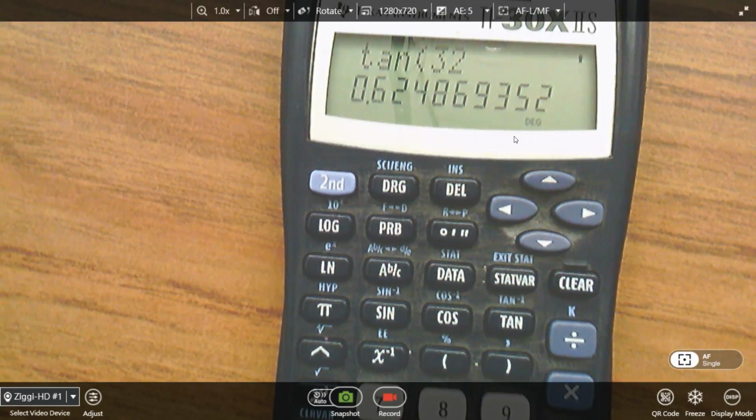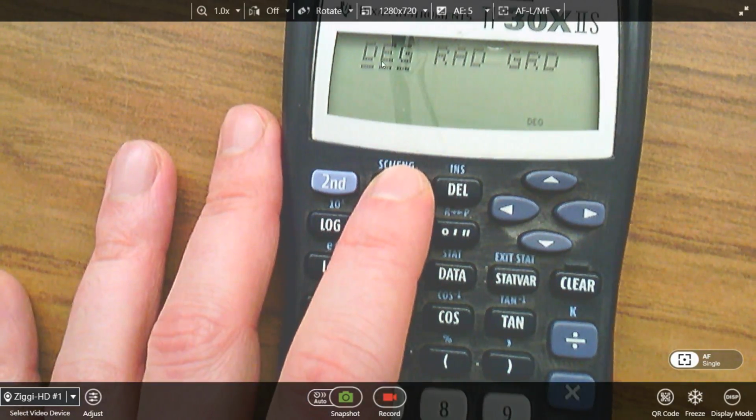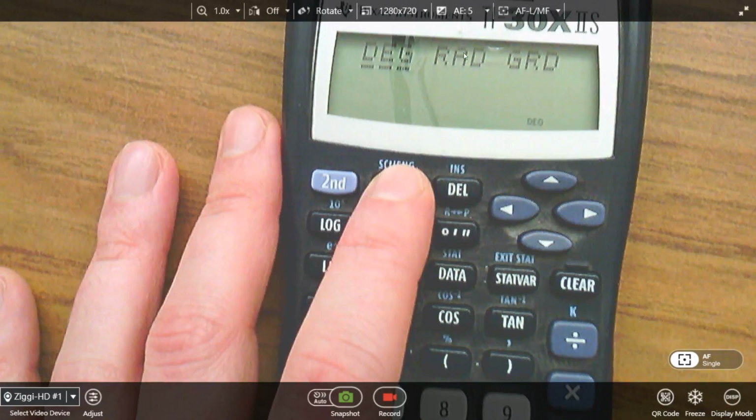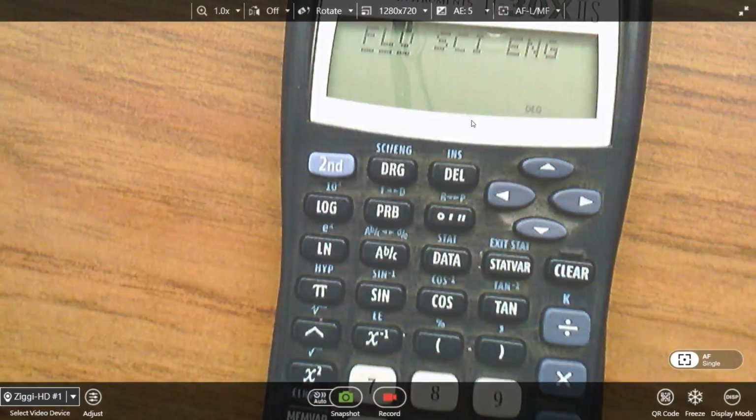Degrees, where there's 360 degrees in a circle, is the thing that you're probably most familiar with. But there's also what's called radians, and radian mode is when your calculator is working in a different unit of measure. So it was thinking 32 radians and not degrees, and you might be able to change that. Here, you can change from degree to radian or to gradient, I believe. But radians are a different type of measurement, and that is not the one that you need to worry about in a geometry class.